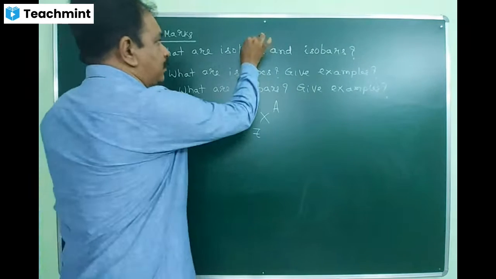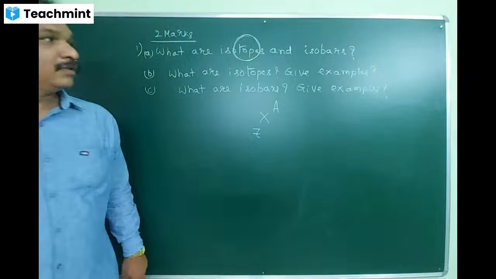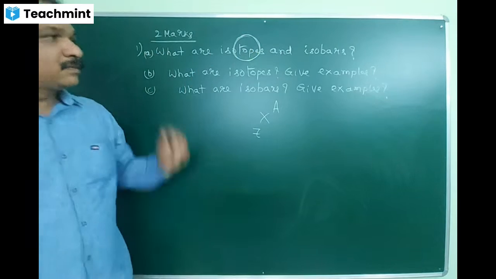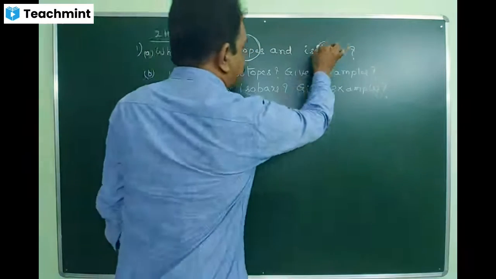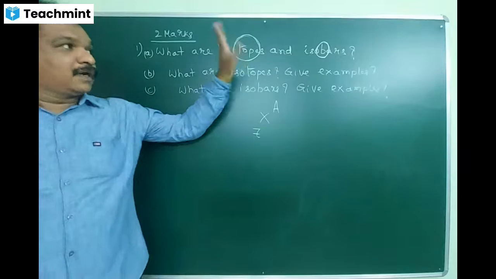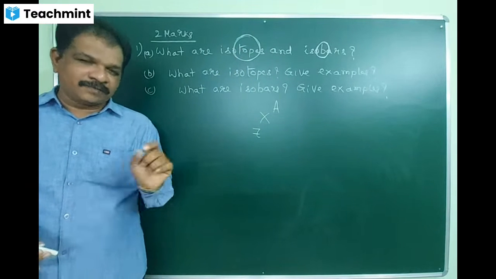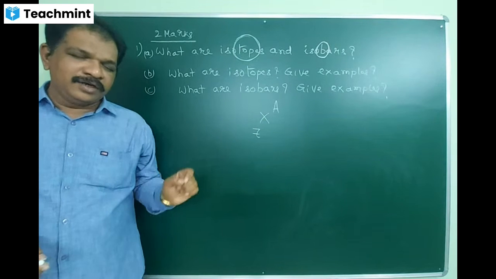Isotopes means, remember this word top. Isobars means, remember this B. Tops are not same, those are called isotopes. Just for your remembrance, no need for confusion.